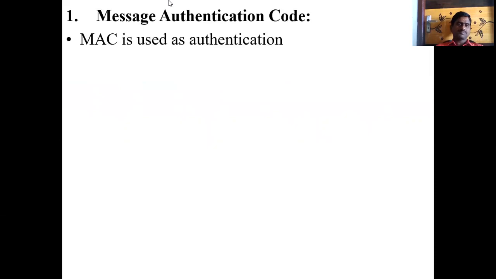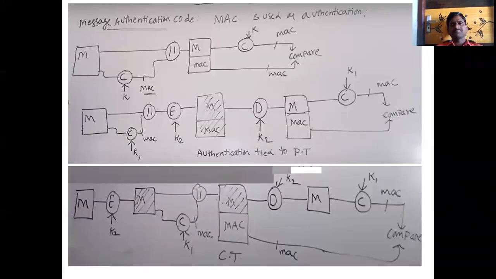And the next one, message authentication code. See the message authentication code, this is produced with a fixed length, and that MAC is used as an authentication. So observe this diagram.